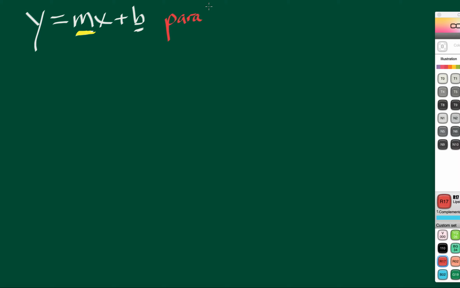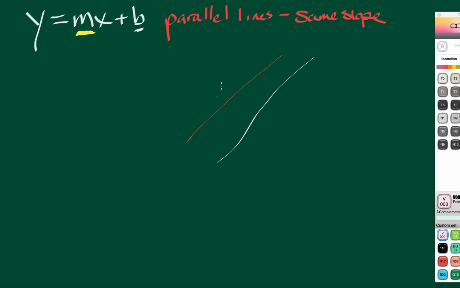Parallel lines have the same slope. And that sort of makes sense because if a line's heading up this way, another line heading up this way that's parallel, they would have the same slope. Say this line was y equals 2x plus 3.